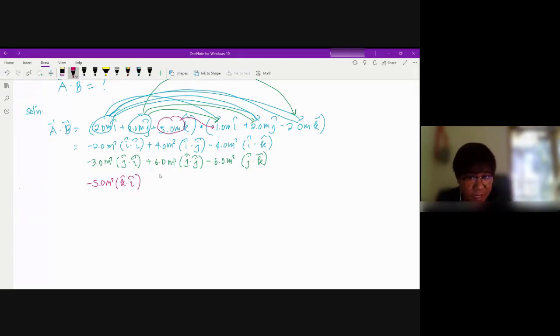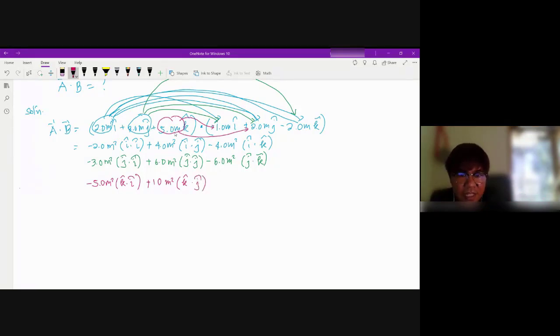Next, this one times that one: positive 5 times positive 2, that's positive 10 m squared, and you have k hat dot j hat.